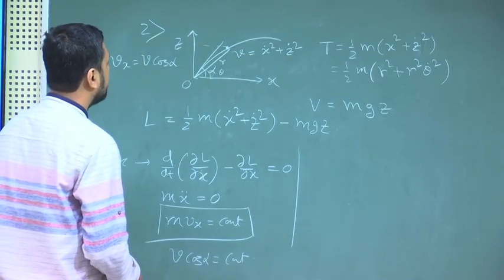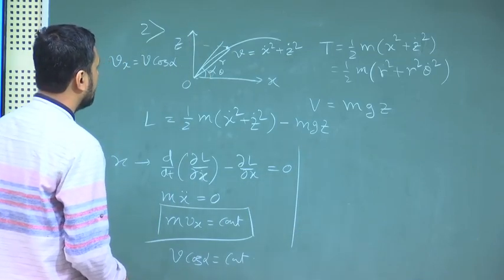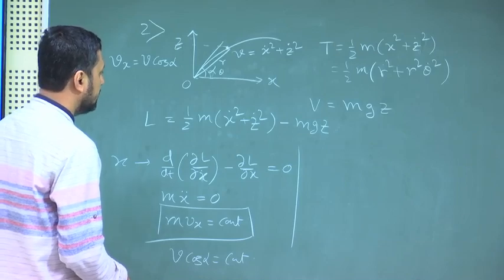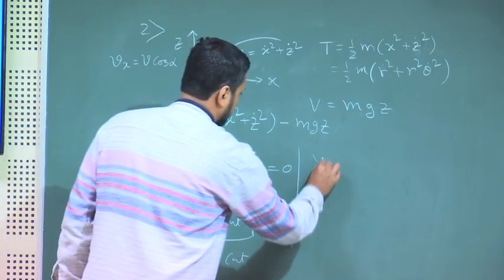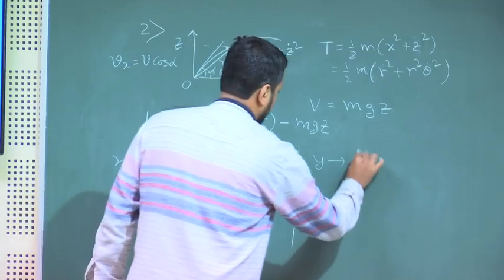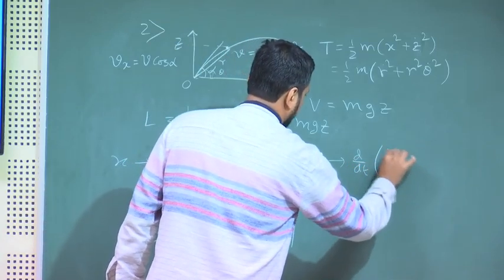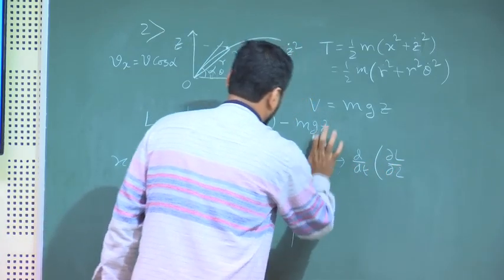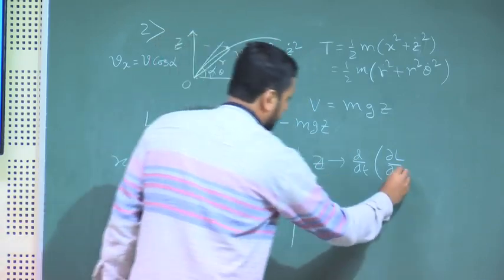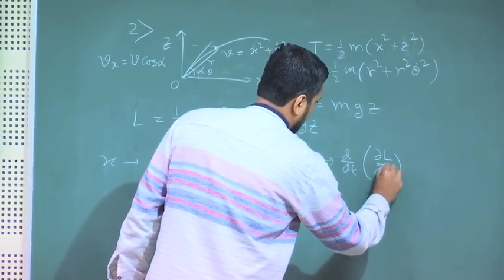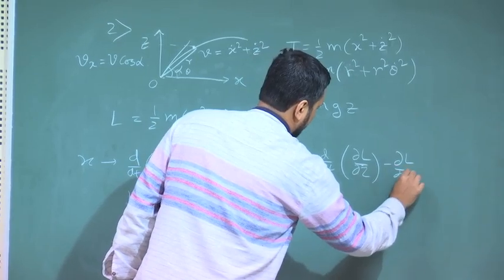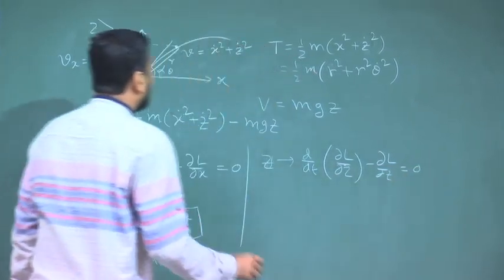And then for the second equation, for z, it will be d dt of del L del z dot minus del L del z equal to 0.